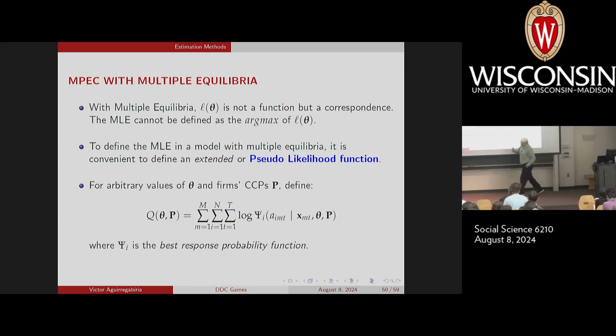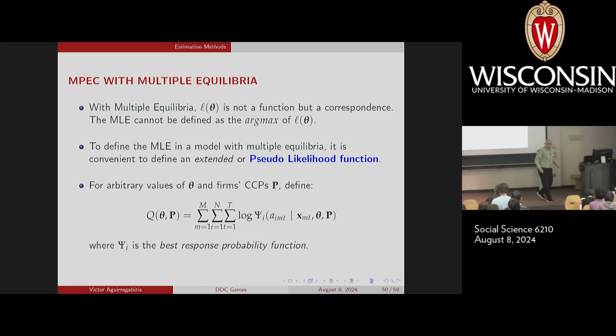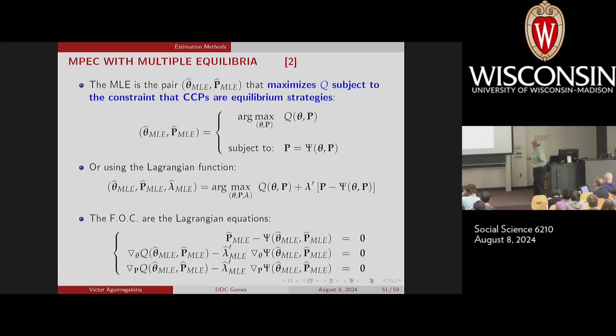But now the set of parameters in the likelihood function has increased very substantially. It includes theta and it includes p. Then the maximum likelihood estimator, the same estimator that I defined before in terms of different equilibrium types, exactly the same object can be defined according to this expression.